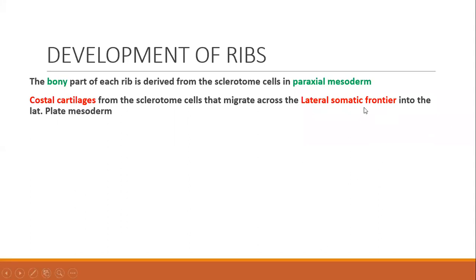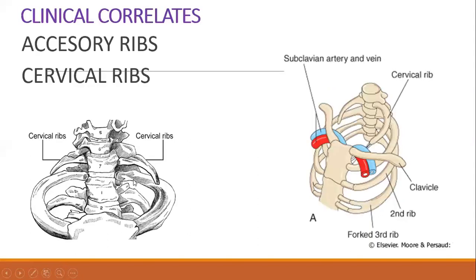We did yesterday what the lateral somitic frontier is. It was a border between the developing somite and the lateral plate mesoderm. The sclerotomal cells which cross this border are going to contribute towards the costal cartilages, while the paraxial mesoderm which is retained on the other side of this frontier is going to contribute towards the bony part of each rib, and it is going to form ribs in the thoracic region.